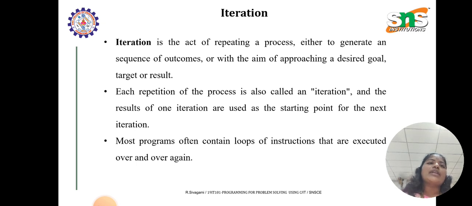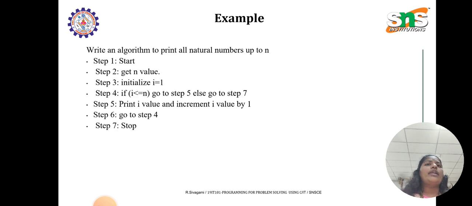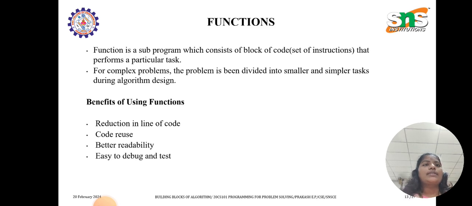Most programs contain loops, or instructions that are executed over and over again. Here I give one example algorithm to print all natural numbers. You just go through it, guys.